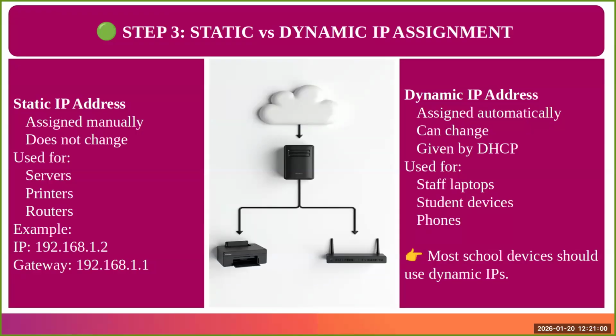And it is used for our laptop, student devices, and phone. Now, think about it. The phones, if you want to do static, you will have issues with our phones. So the router handles it by itself. Most of our school devices use what? Dynamic IPs. Next slide.